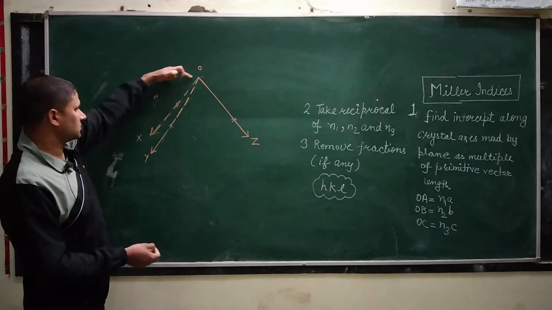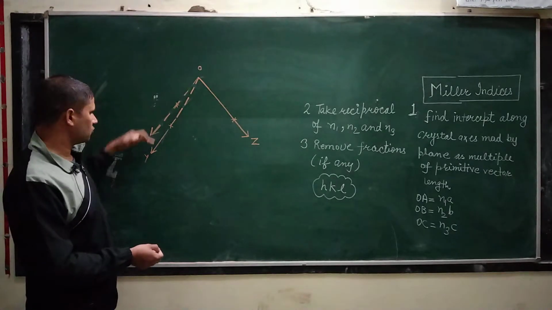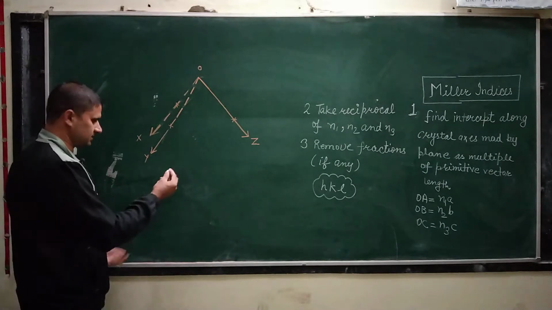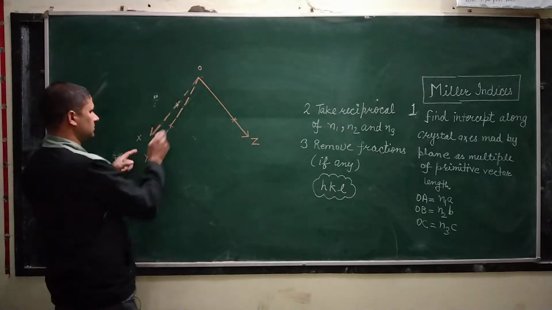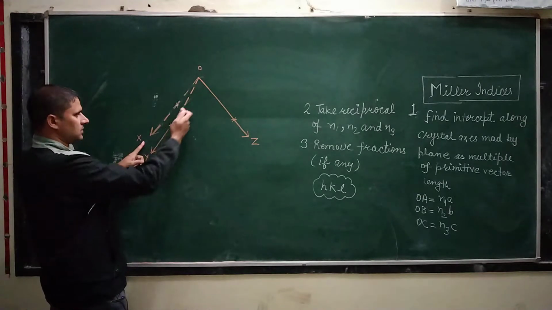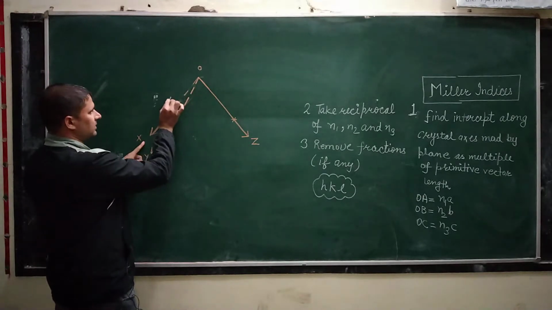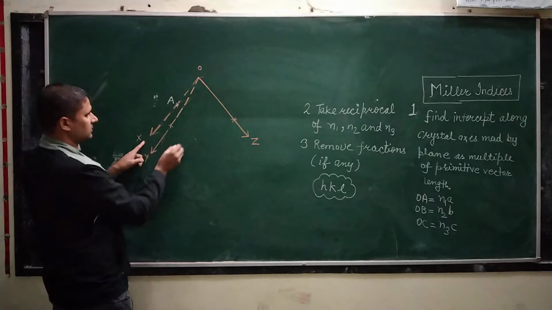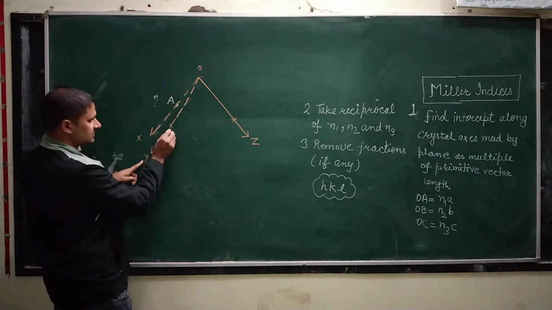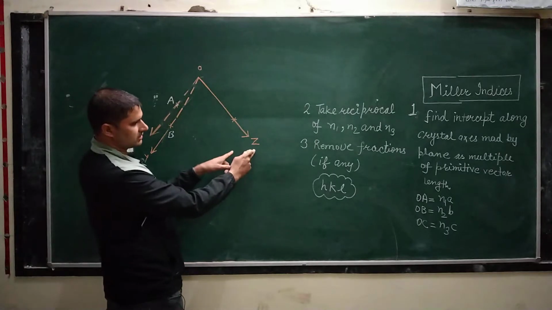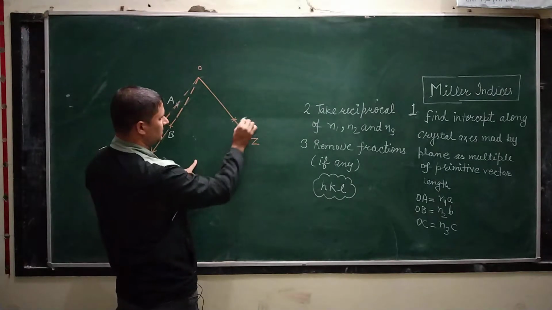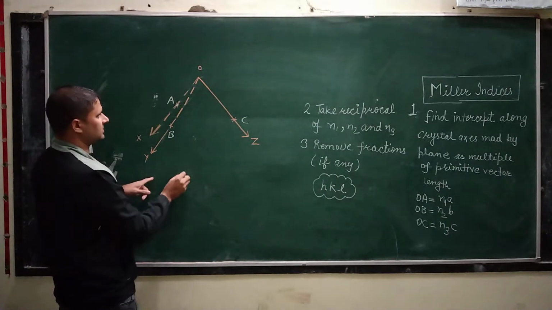OX is one of the crystal axes, OY, OZ are the crystal axes, and we have a plane which is intersecting the x-axis at point A, and the y-axis at point B, and this is another crystal axis, it is intersecting it at point C.